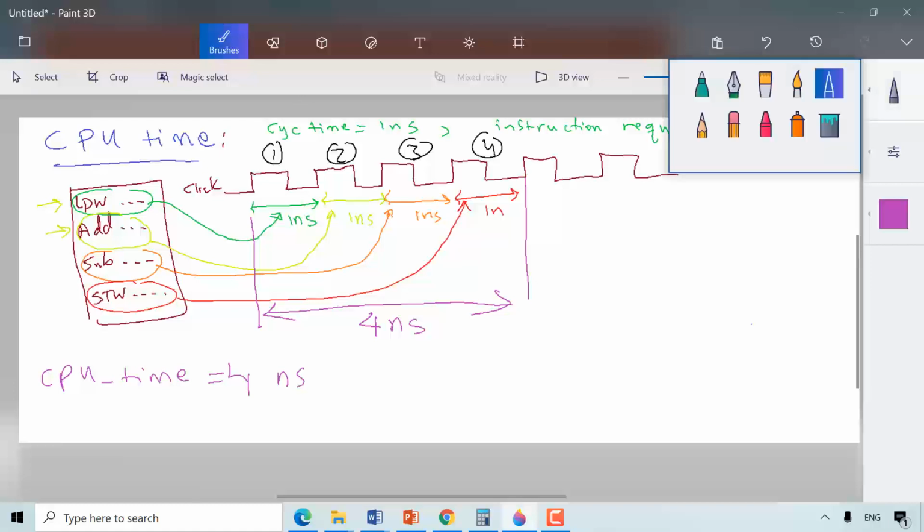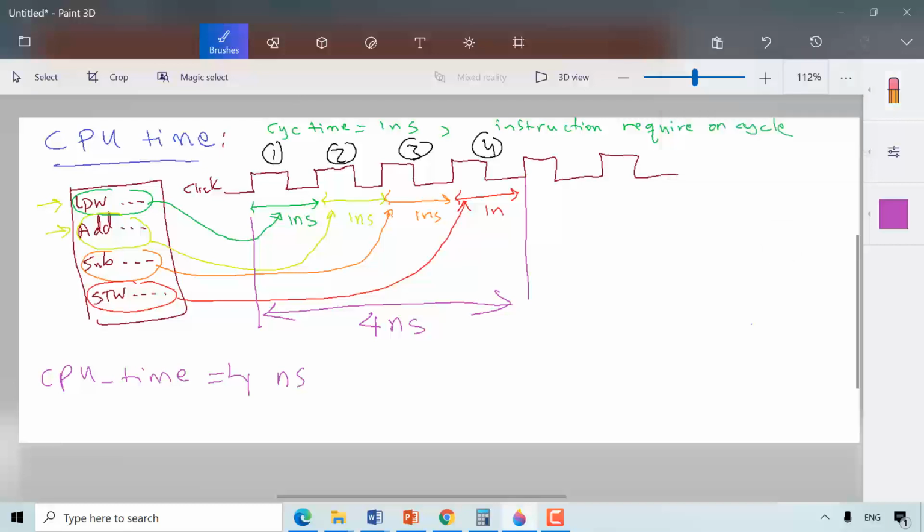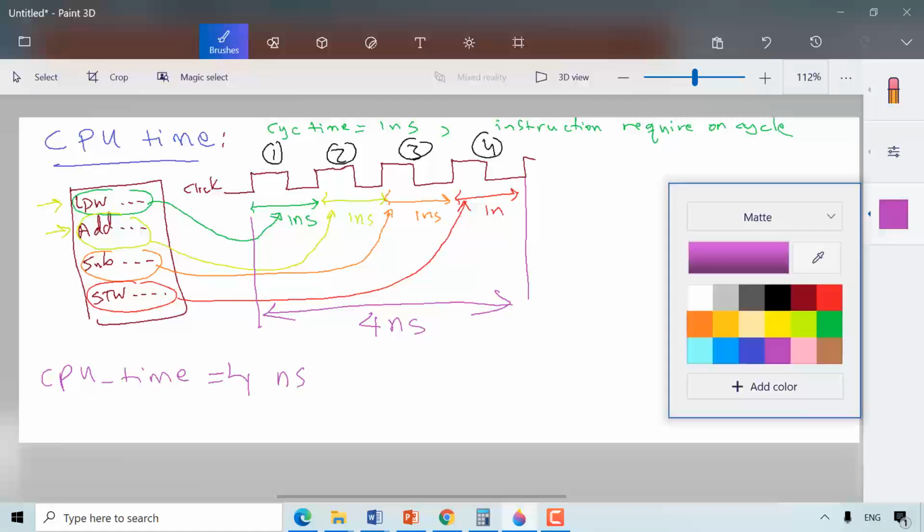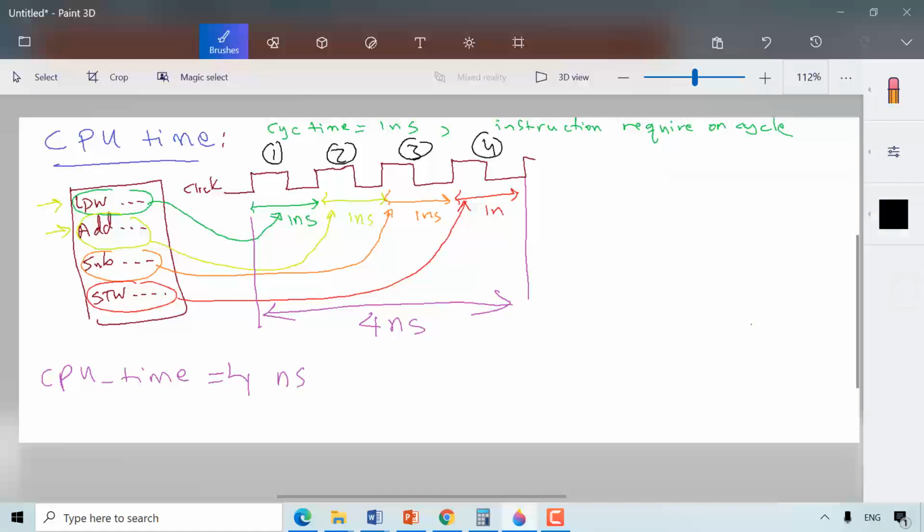So let's take a look at this formula. The CPU time is expressed as equal to instruction count.